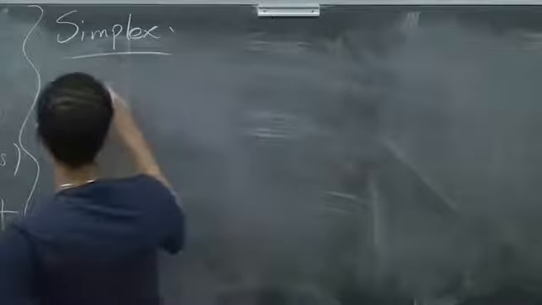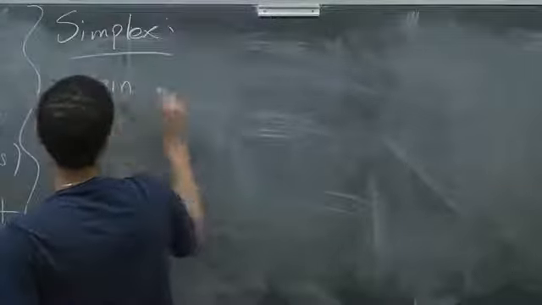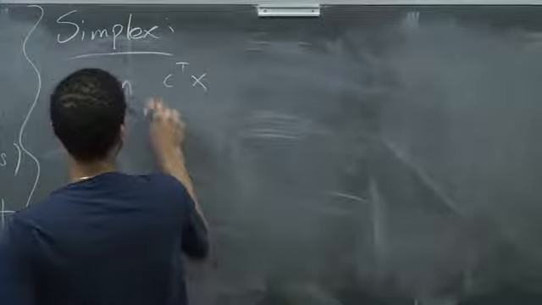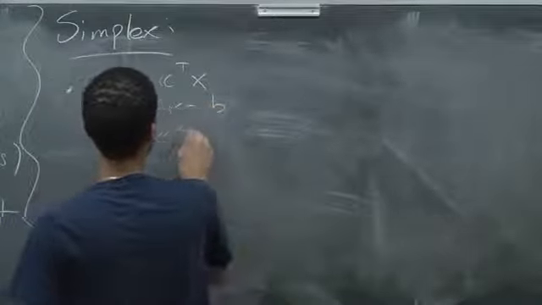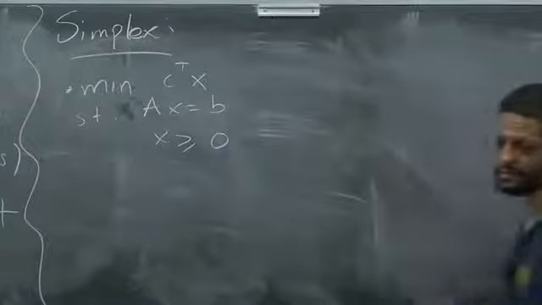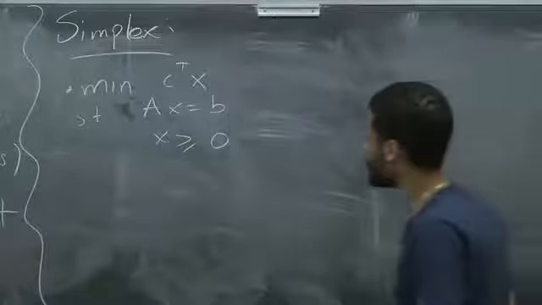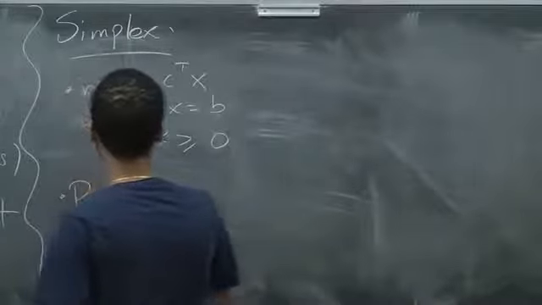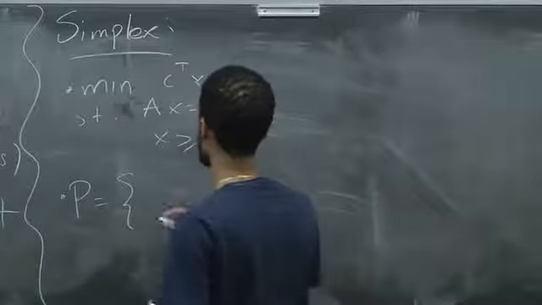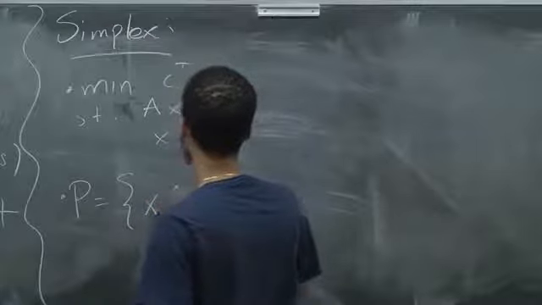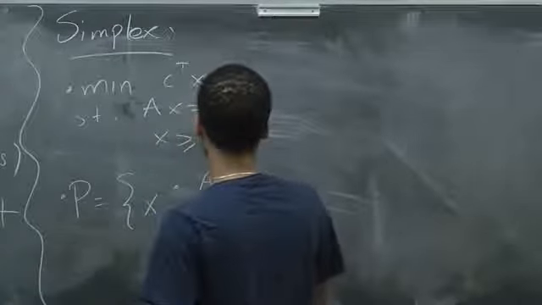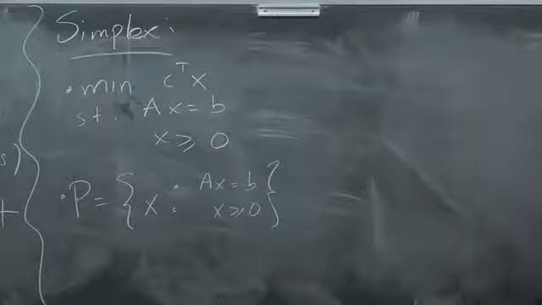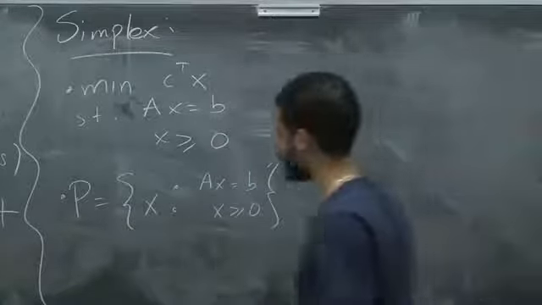So we want to minimize c transpose x such that Ax is equal to b and x is at least 0 coordinate-wise. And we can define this polytope P, which is the set of all points x that are feasible. So x such that Ax is equal to b and x is greater than or equal to 0.